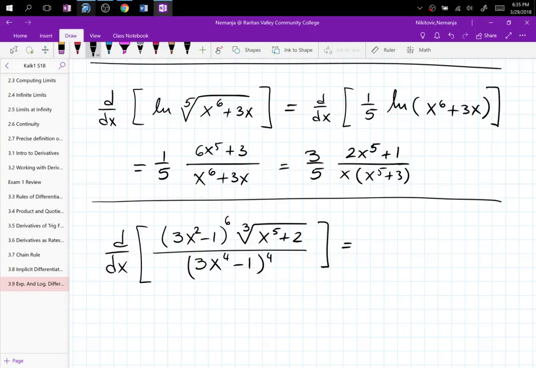So what do we have here? To find this derivative, what do we need to do?